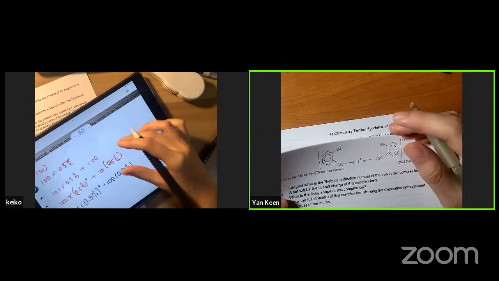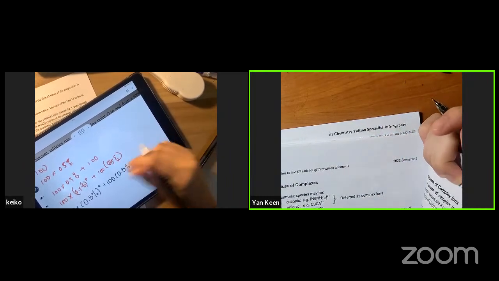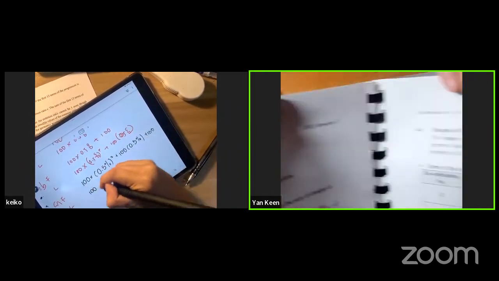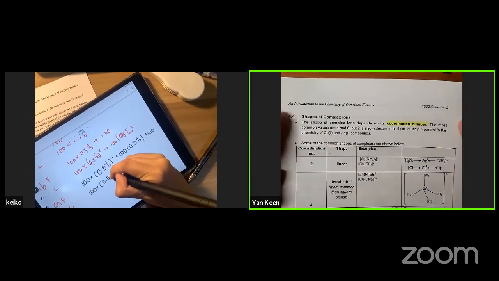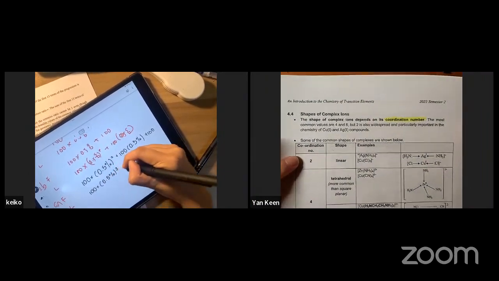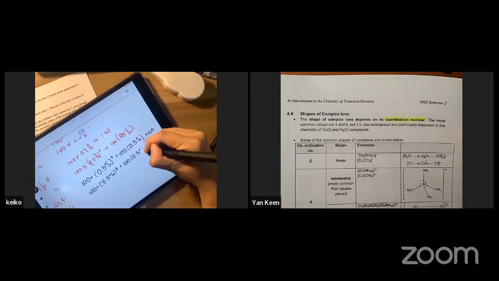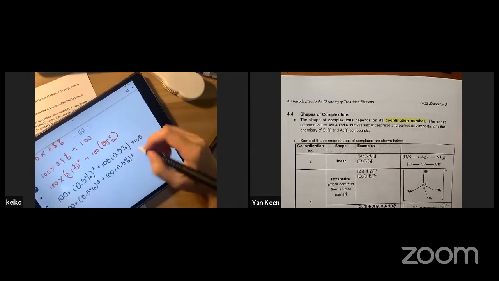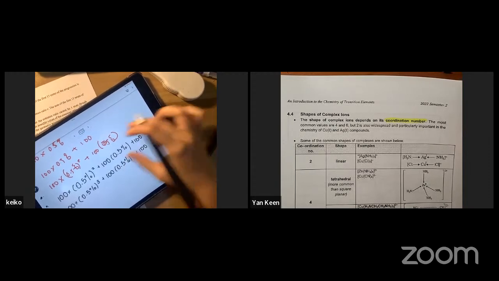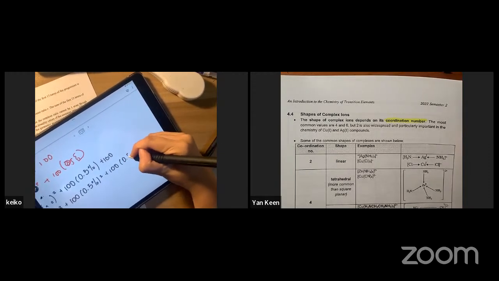What is going on here? This is our problem. We go linear. There's no other way about it. It's not going to be tetrahedral. It's not going to be octahedral. It's not going to be all that. So linear.